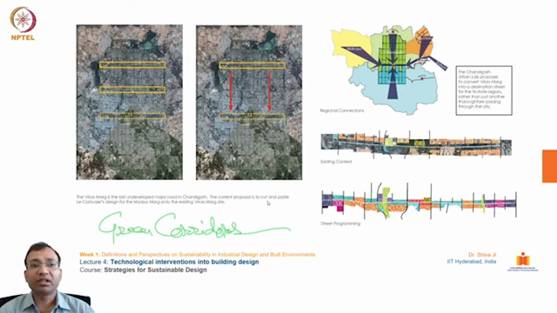So it was being visualized over here. This you can see is one of the major arterial roads. It was proposed as a main corridor to cross Chandigarh from one side to the other. It was conceptualized from this Chandigarh urban lab.